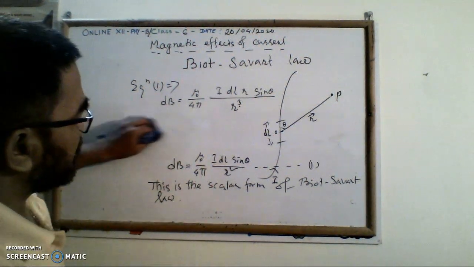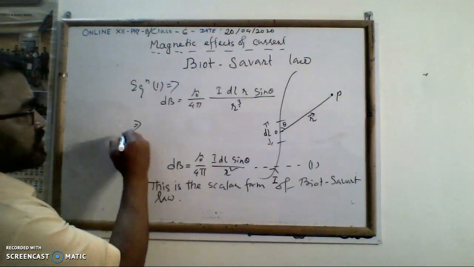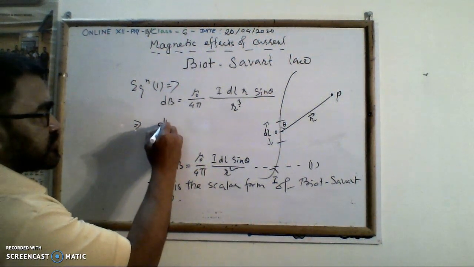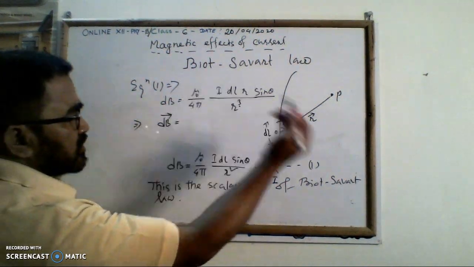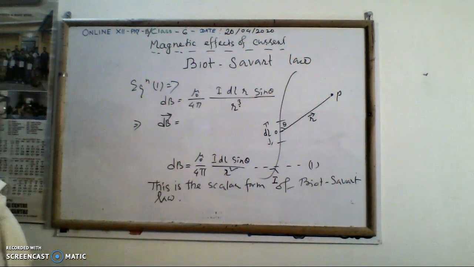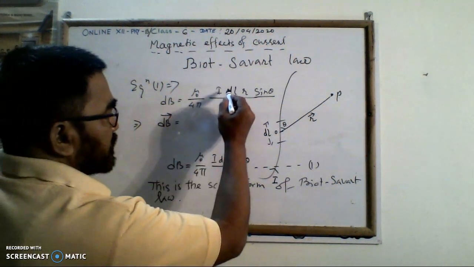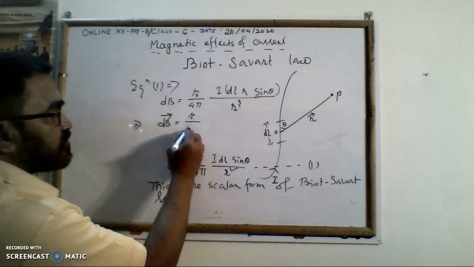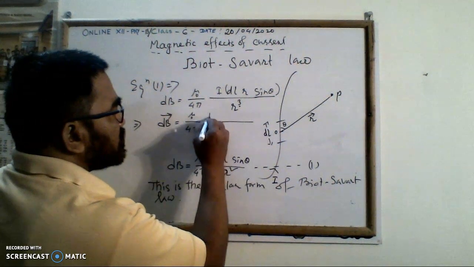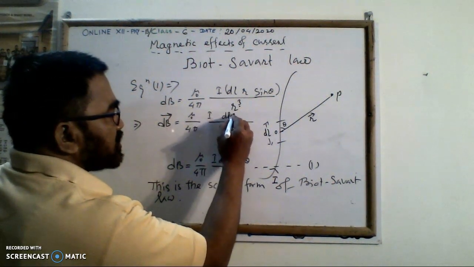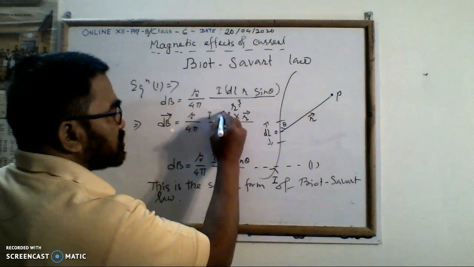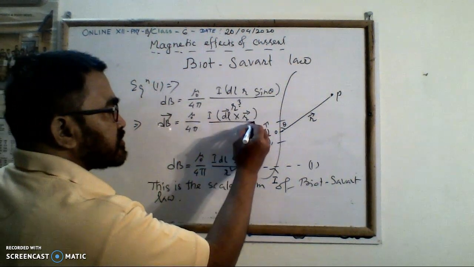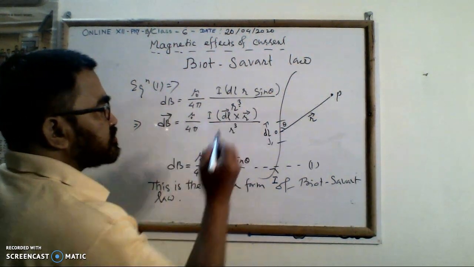Now if we write dB as a vector quantity, then the right hand side should also be a vector quantity. So we can combine these quantities together to give a cross product. How? If you write dl as a vector and r as a vector, then you can write dl cross r, divided by r cube.